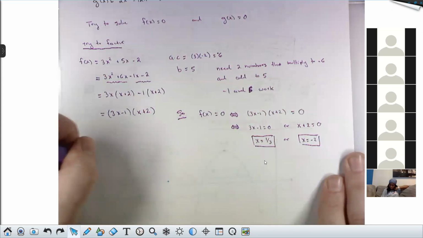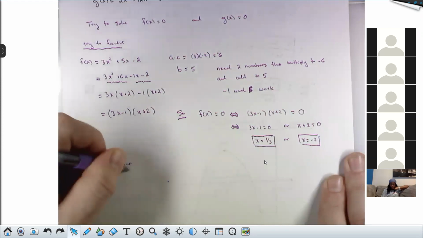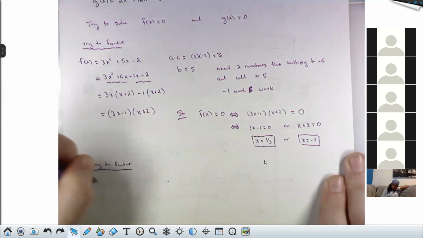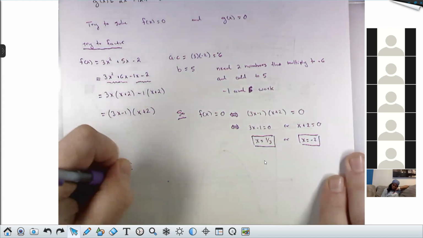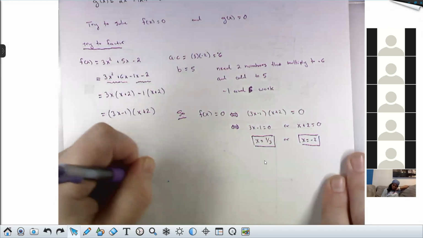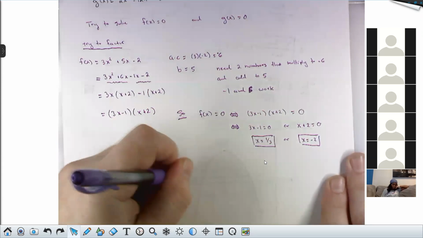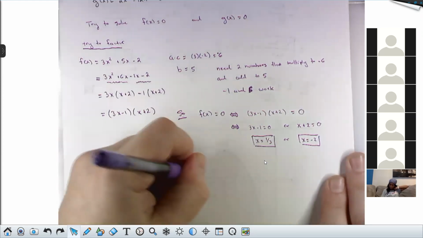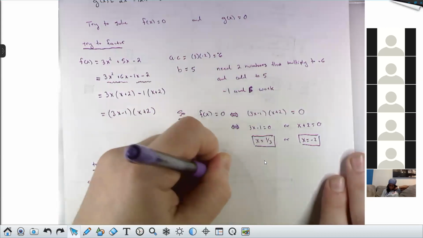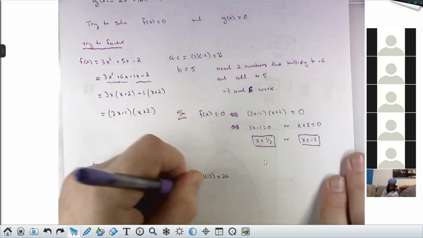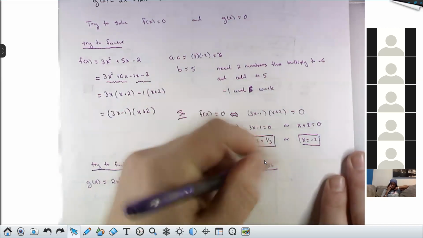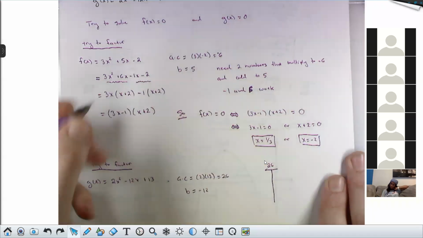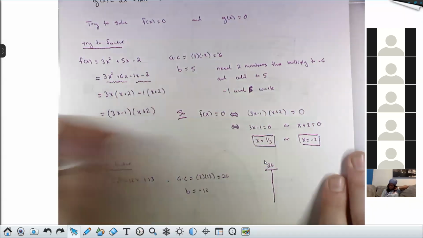If you try to factor g of x, which is 2x squared minus 12x plus 13, then a times c there is 2 times 13, which is 26, and b is -12. You can take 26 and look at all the possible ways of writing this as a product of two numbers, certainly positive here.